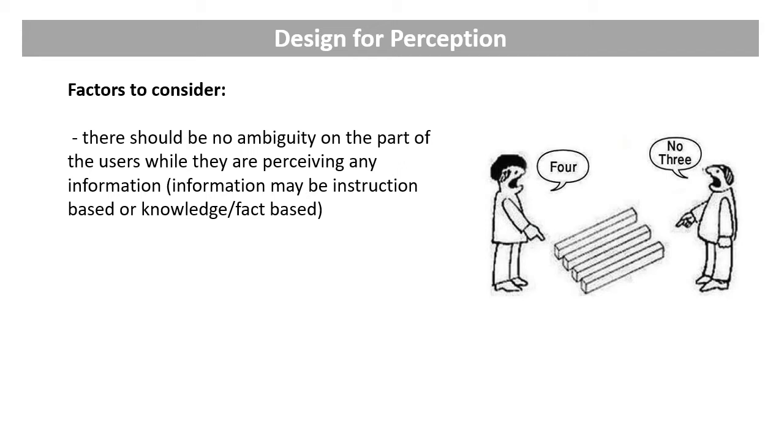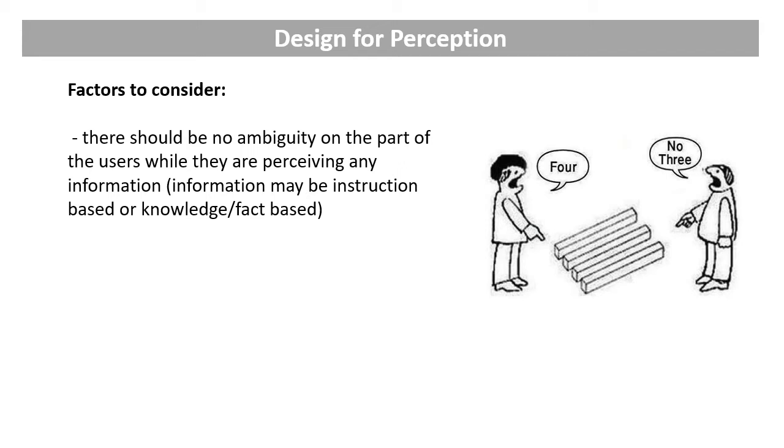So here by information we mean that it can be any instruction based information. Instruction based information can be a manual for doing any work, or a manual to operate any product. So all this comes under instruction, and also information can be knowledge or fact based or event based which has already happened, right?